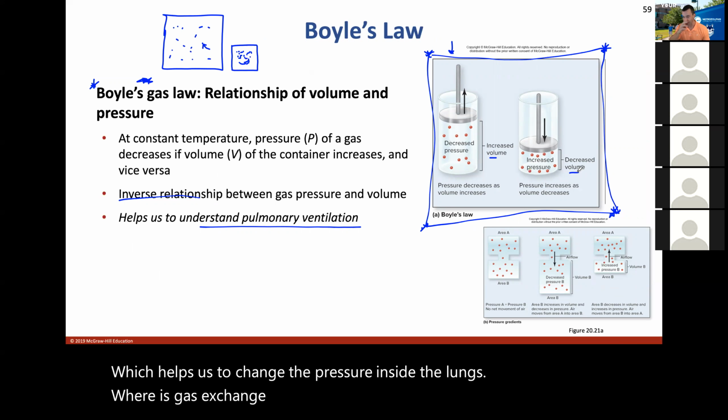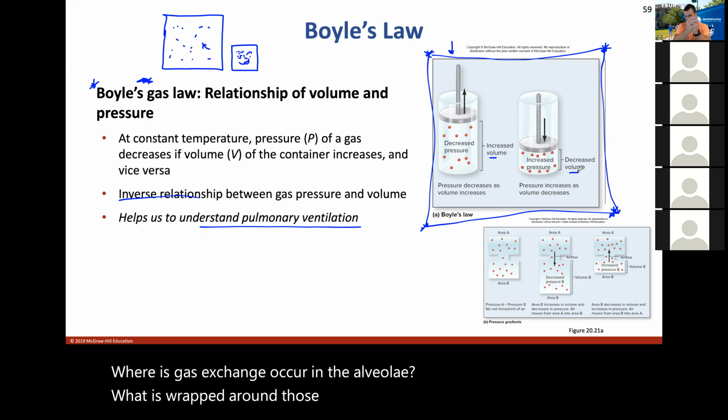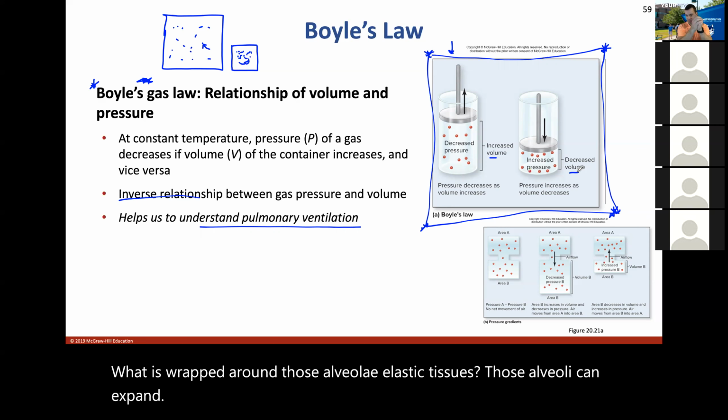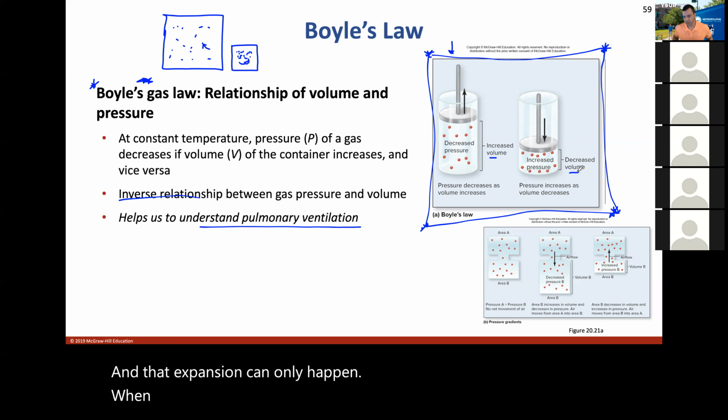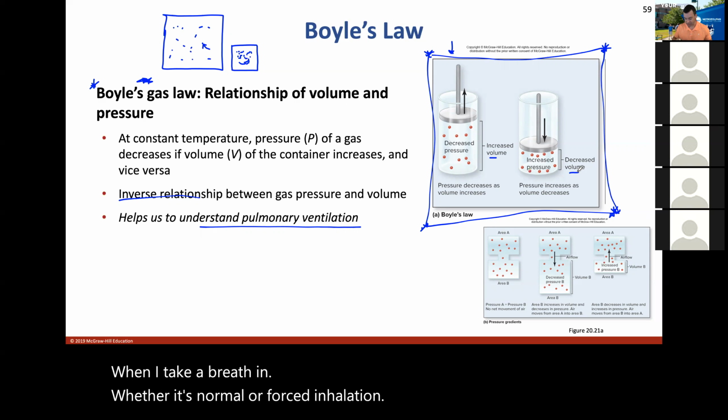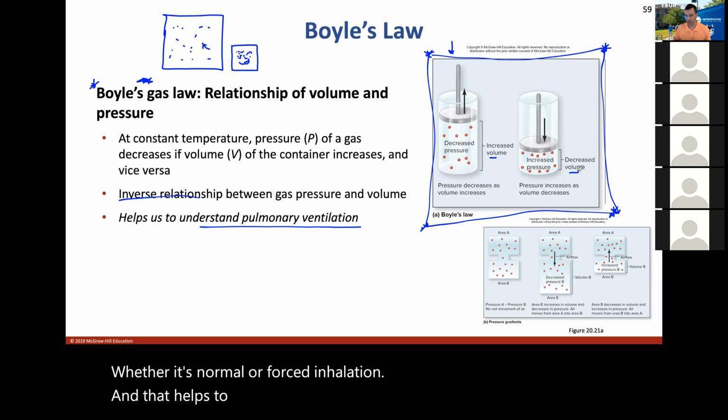In the alveoli. What is wrapped around those alveoli? Elastic tissues. Those alveoli can expand, and that expansion can only happen when I take a breath in, whether it's normal or forced inhalation. And that helps to diminish the volume of air in the lungs.